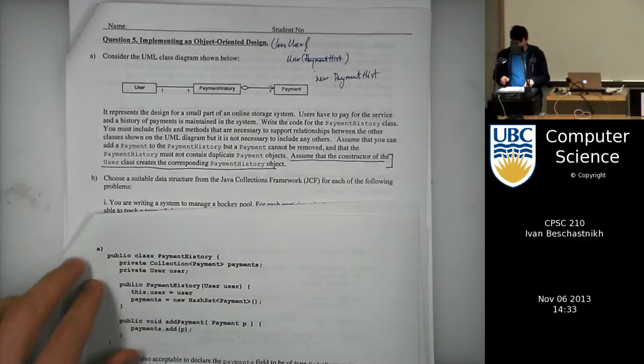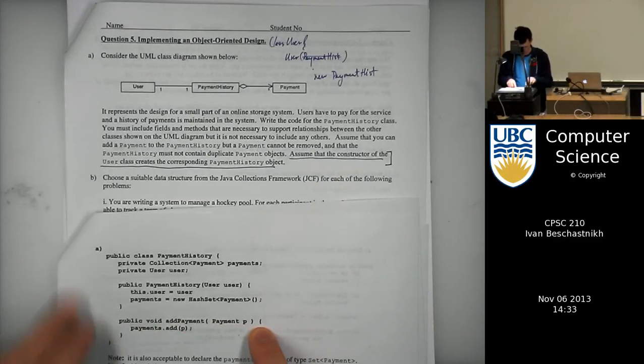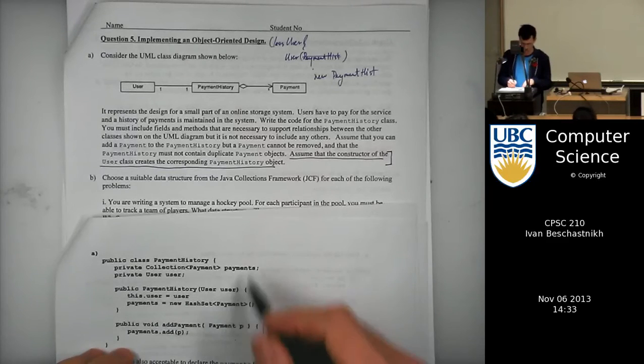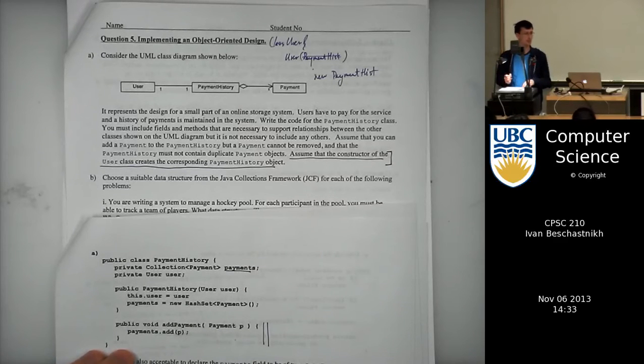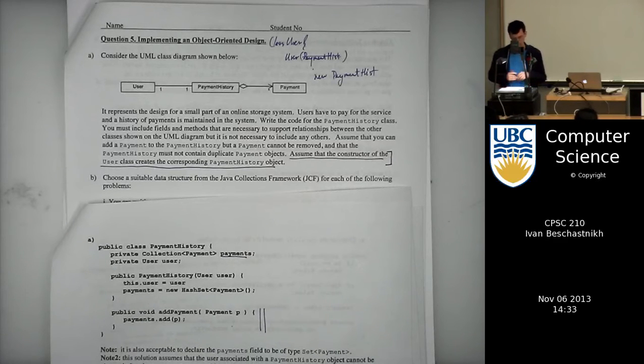Okay, so here I have a class PaymentHistory, and I have a method underneath which adds payment. So this add payment is a way for me to grow my collection of payments, so I can add more payments to my payment history. So this method is not necessary.